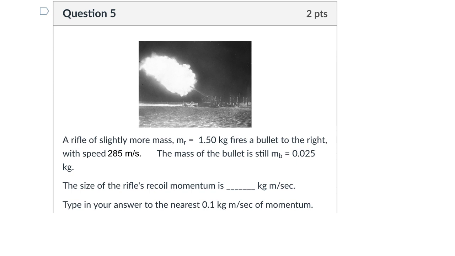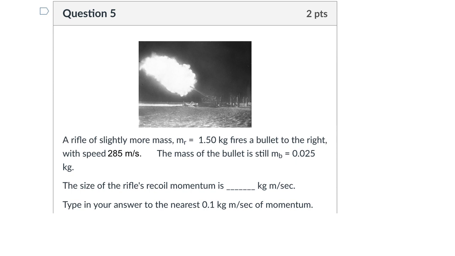Now that's not very fast for a bullet, but we'll just pretend it's only about 450 miles an hour, which is pretty fast for most things, but for a bullet, I don't think it's that fast. Anyway, the mass of the bullet is pretty small, 0.025 kilograms. So that's 25 grams, about the mass of a quarter, I think.